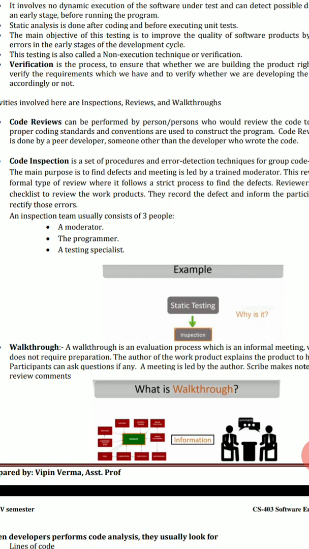Whenever we are not executing the code, we can inspect or review the code to see whether it follows the standard conventions or not. This is what we call code review. Code inspection requires more than two or three people to be involved.